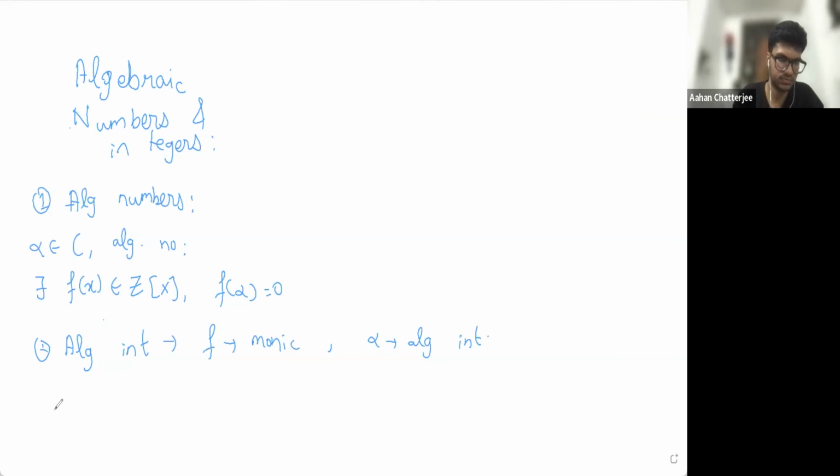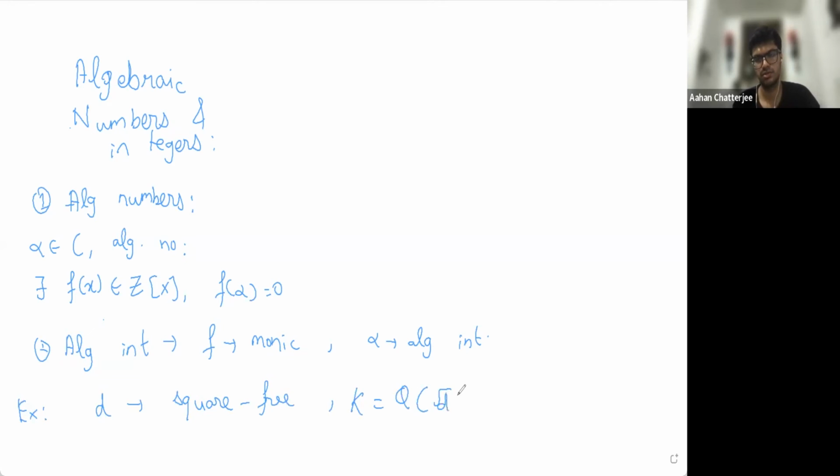So here's a problem. Suppose D is square free and consider K is Q square root D. Then find the algebraic integers which belong in K. Okay.